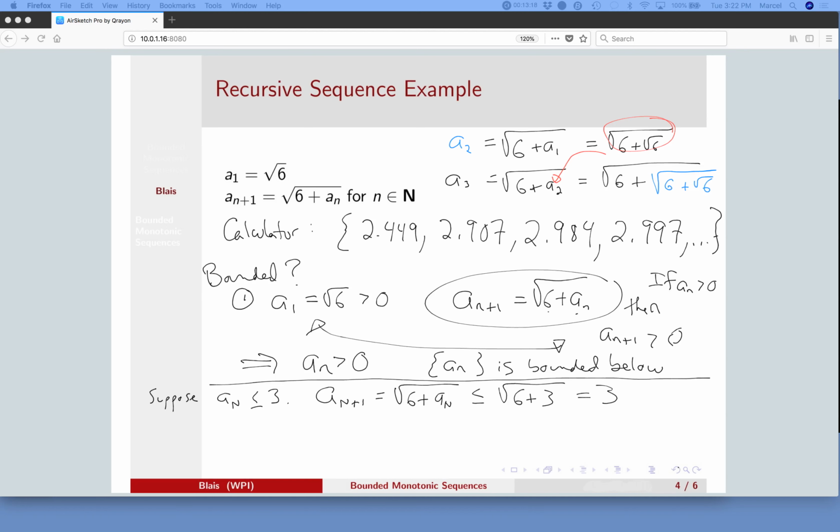So this tells us if for some n, a sub n is less than or equal to 3, then all a n plus 1, a n plus 2, so on and so forth, are also less than or equal to 3.